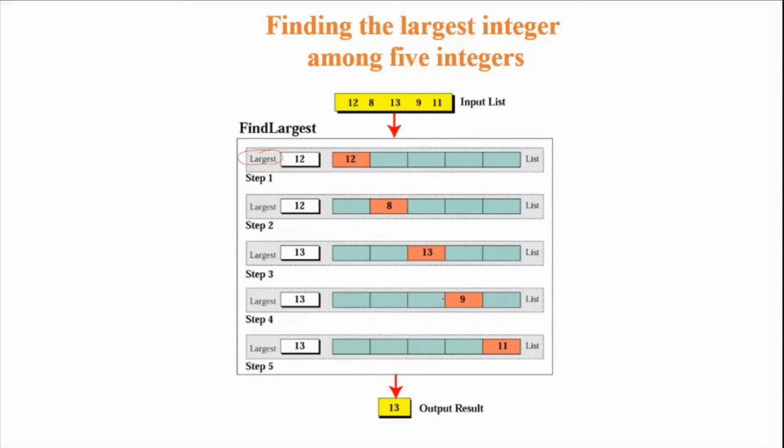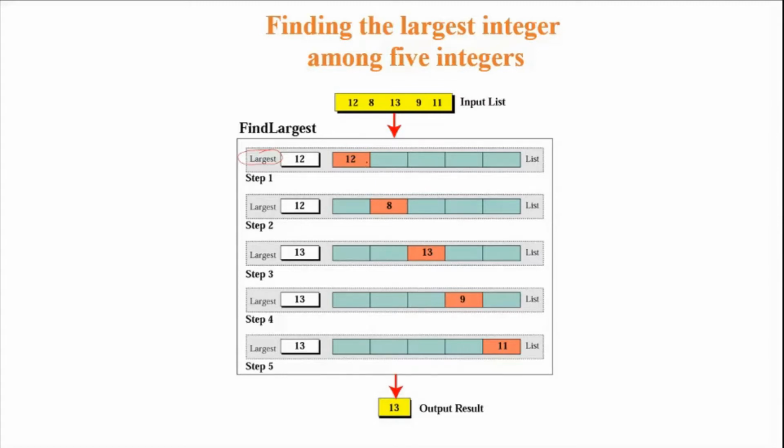Obviously it is not, so we keep the largest as 13. Then in the last step, we check whether 11 is larger than the largest. The largest is 13 and 11 is obviously smaller, so we keep largest as 13. Now we output the result, that is 13.